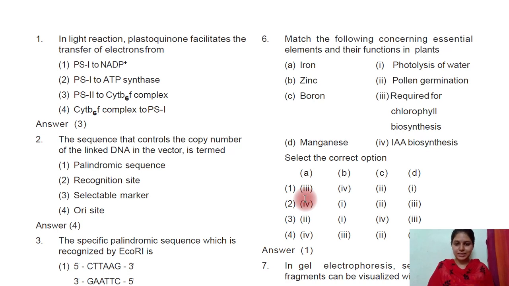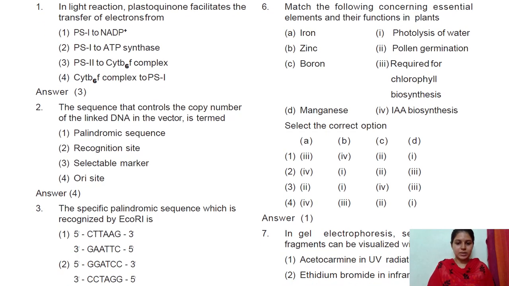Iron is much necessary for chlorophyll formation in plants. Zinc is for IAA, indole acetic acid biosynthesis. Boron is for pollen germination. And manganese is involved in the splitting of water. So here is one such direct question.